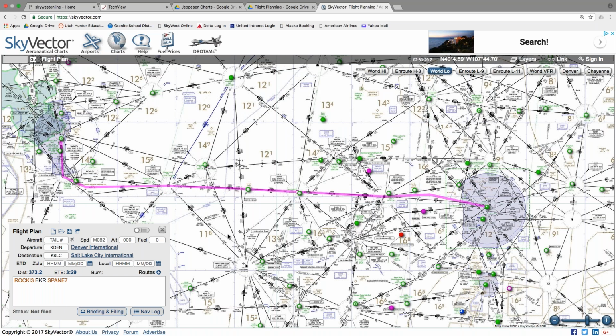Yeah, you're burning 358 pounds from that point forward. So even if you did have to go up to Ogden and turn around, you're still on a way low power setting. You might burn another 75, 80 pounds. So it's not really going to change much. It's just the way it's calculating distance versus fuel.